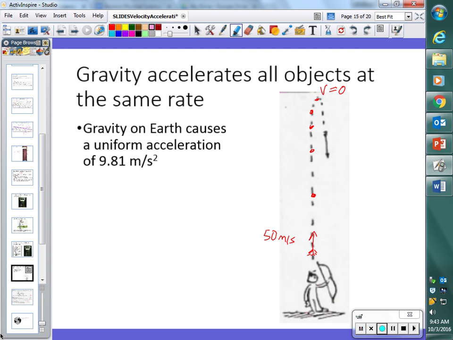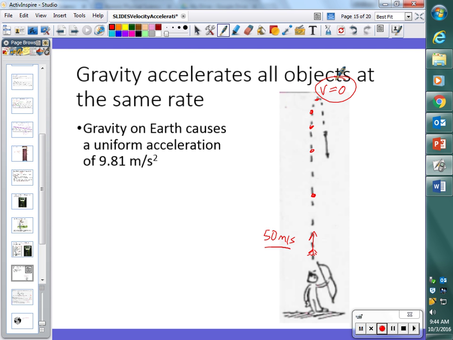And slow down by 10 meters per second for every second. So if we shoot the arrow with a velocity of 50, its initial instantaneous velocity is 50. 1 second later, how fast is it going to be going? 40. And then 30, 20, 10, and finally 5 seconds later, its instantaneous velocity is what? 0. Where does that happen?